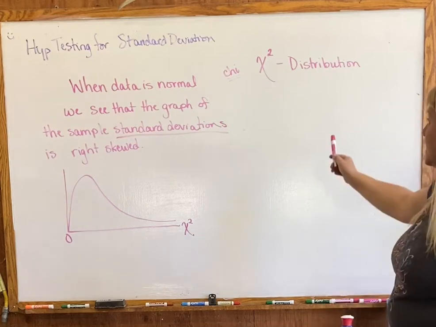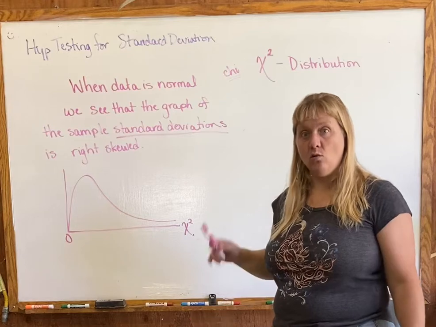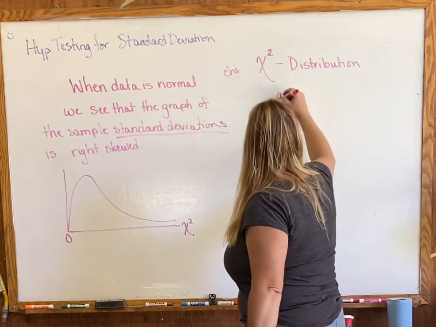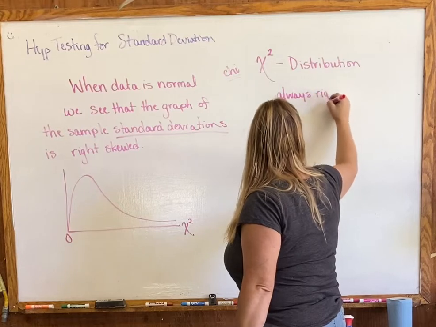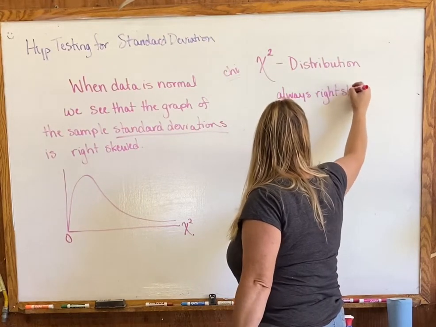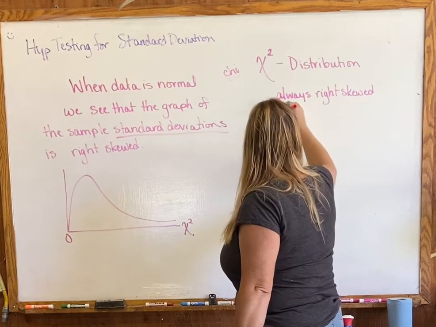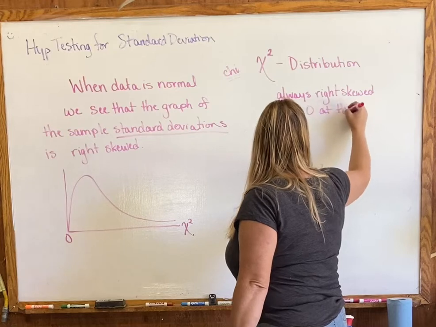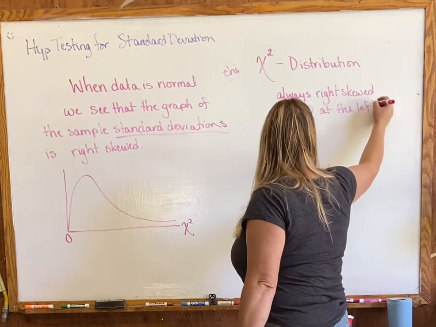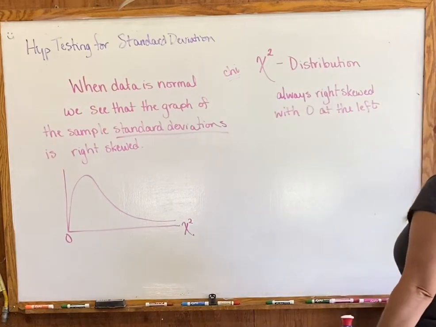And the chi-square distribution will always, always, always be right skewed, with 0 at the left. So 0 will always start us off at the left, and then we will have a right skewed graph.